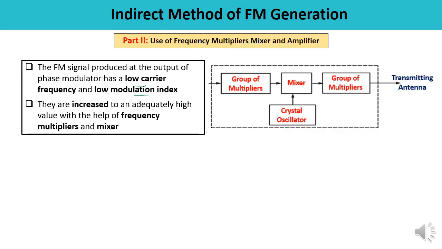To increase these values to an adequately high value, there is a requirement of frequency multipliers and mixers. This group of multipliers and mixers is utilized so that the value of carrier frequency and modulation index can be increased up to a required level. So this is why there is a use of frequency multipliers, mixers and amplifiers.